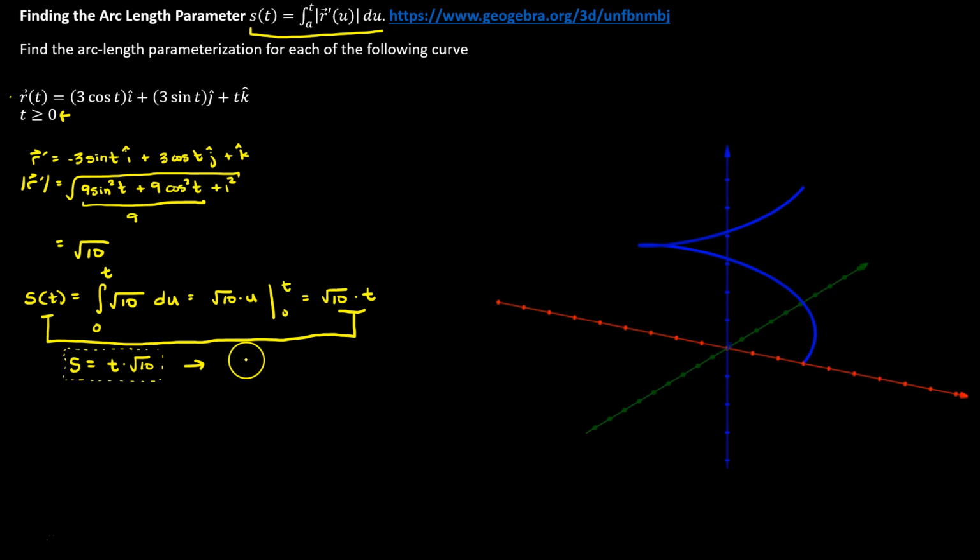So solving this for t, we get t is equal to s over root 10, which means we can go back and reparameterize our function r of t to be this same curve, but parameterized using arc length s, where the t in our original vector function is replaced with s over root 10.